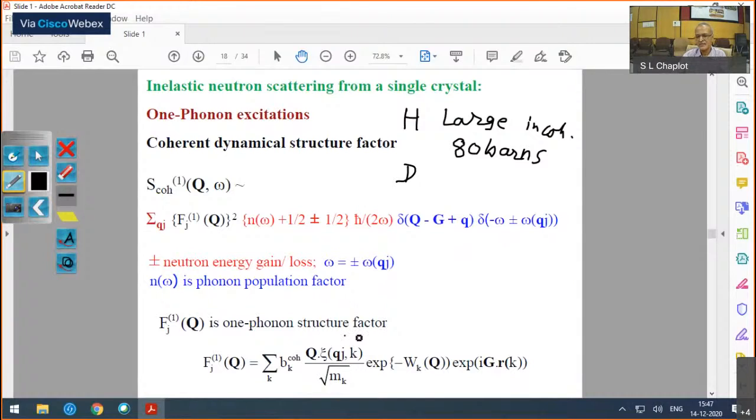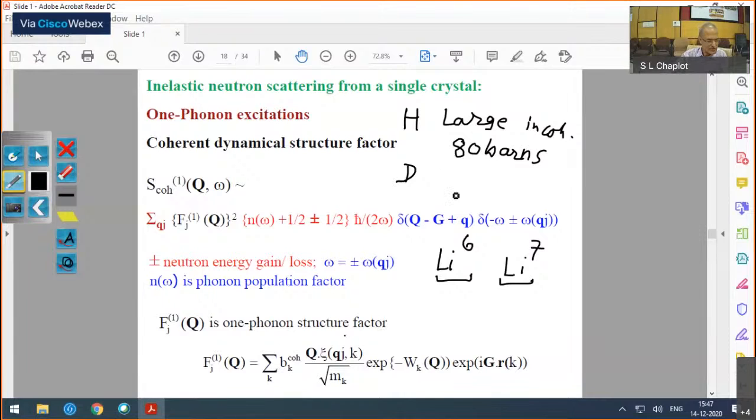So that's one important thing. This can also apply to lithium, for example, where lithium 6 and lithium 7. Lithium 6 has a large absorption, so it is advisable to use the lithium 7 isotope if it's possible. But this is a less important thing. Mostly it is important for hydrogen and deuterium. And so this is one thing that we have to worry about.